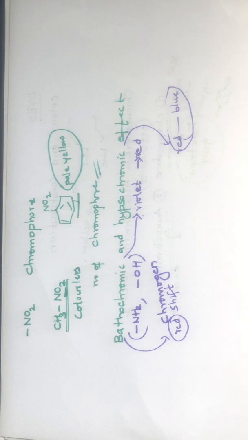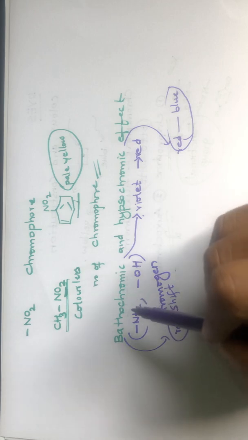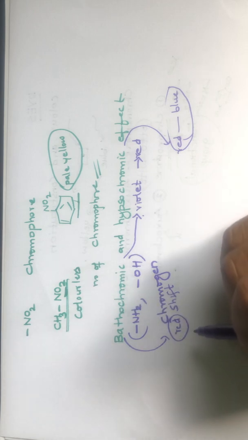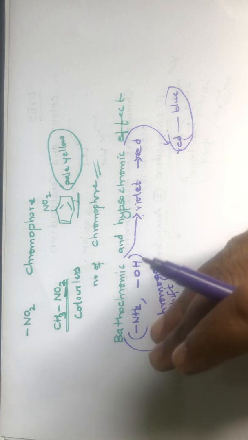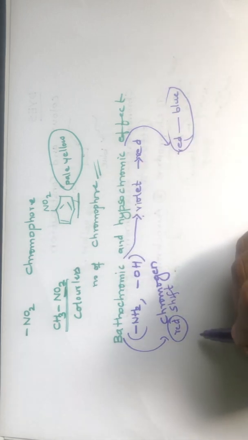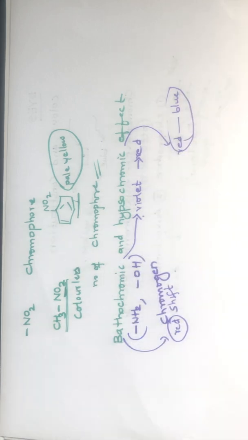It may be concluded that the bathochromic shift is the shifting of the absorption band to longer wavelength, whereas the hypsochromic shift is a shift of the absorption band to shorter wavelength. Okay, so this is the color constitution and the Otto Witt theory.